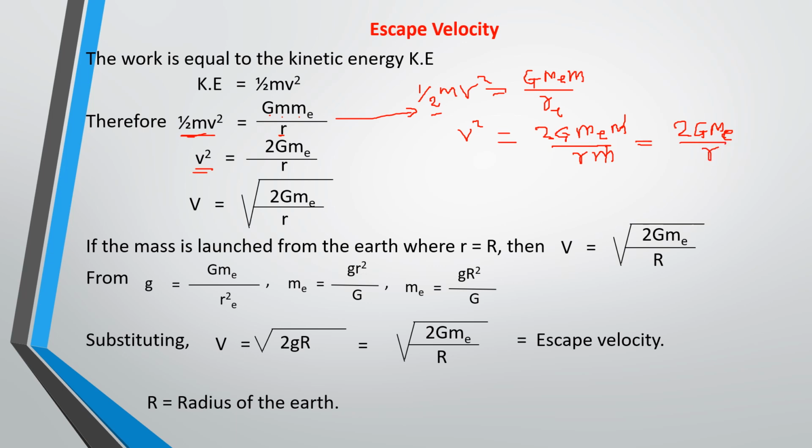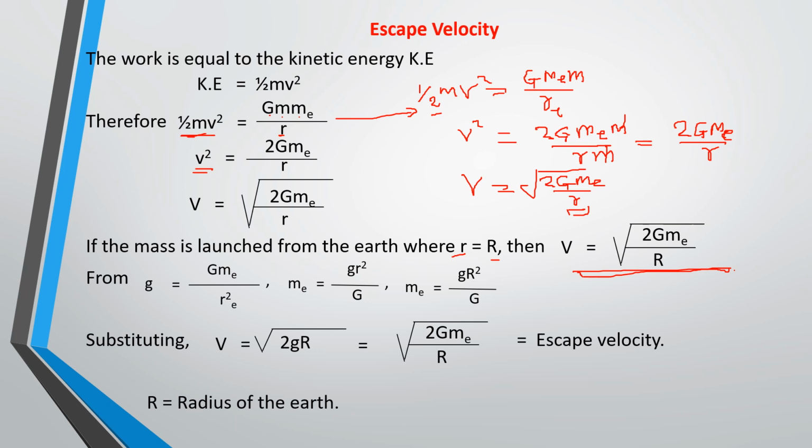Then if you take the square root of both sides, you will have v equal to the square root of 2 G Me all over r. If the satellite is launched from the surface of the Earth, the radius of the Earth will be equal to capital R. So you can just change this small r to capital R to give you this equation.